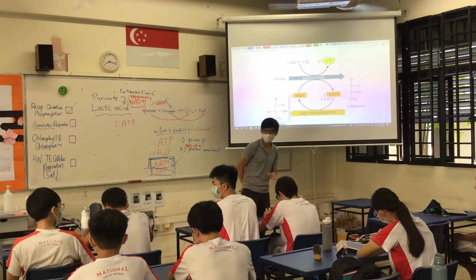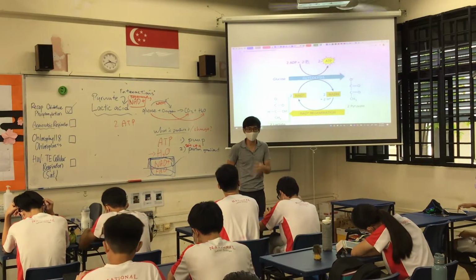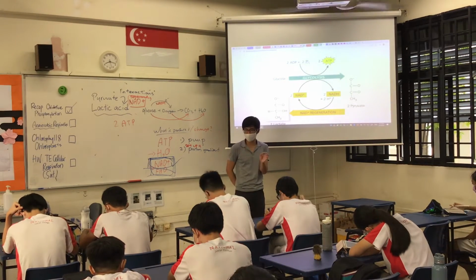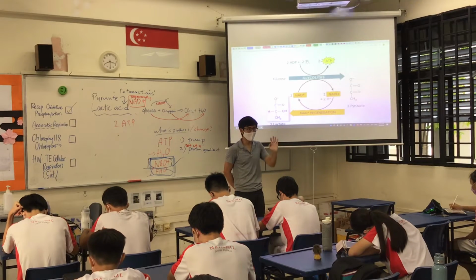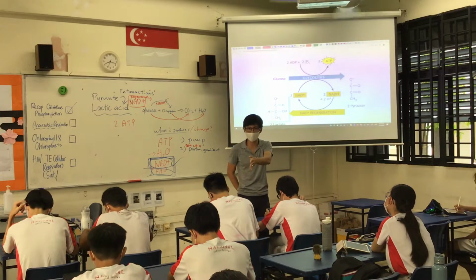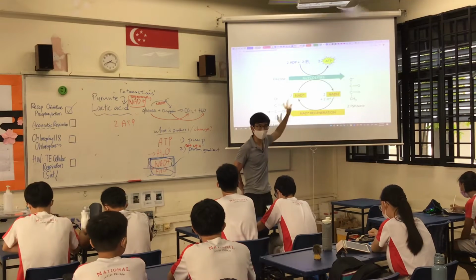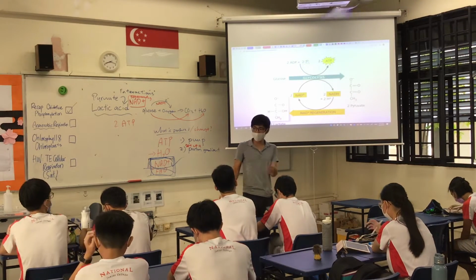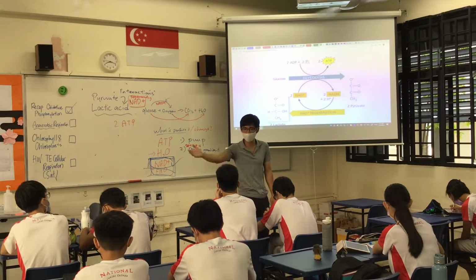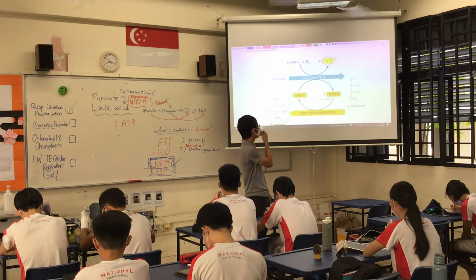So maybe I wasn't clear. This process kickstarts only when there's a lack of oxygen. Only when there's zero oxygen, then we will kickstart this process. Rather than let glycolysis go on to the next step, the link reaction, the Krebs cycle, we will instead run glycolysis through this alternative reaction, to keep your body going, because the body knows that there's no point in running it to the last step because there's no oxygen. Okay, good question.